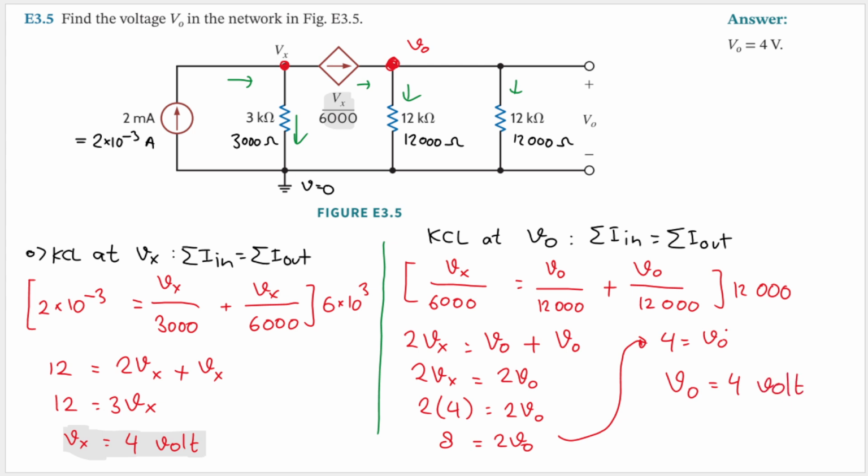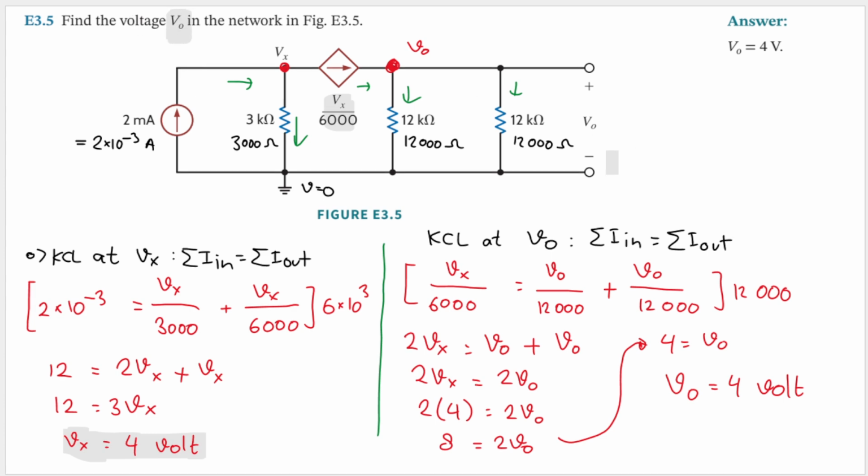Okay, and that is exactly what the question is asking us about. So V0 is here, and we have our value of V0 is 4 volts. Okay, let's put this into a box so we know that this is the conclusion. So let's draw a rectangle here.